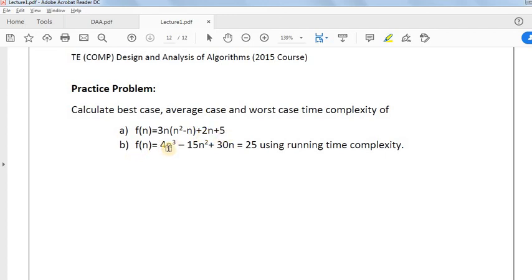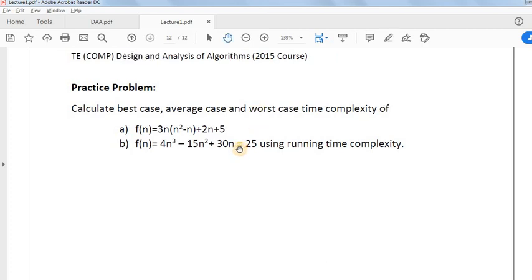Second, f of n is equal to 4n cube minus 15n square plus 30n minus 25. There is a mistake, should consider minus 25 using running time complexity. So for the first example, we are observing the highest polynomial term is n cube. So worst case time complexity will not exceed n cube, while the lowest time complexity will be a constant time.